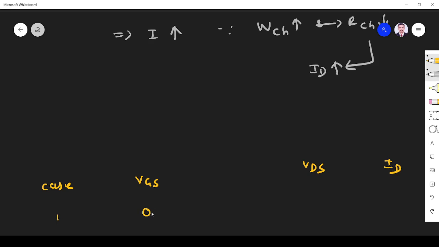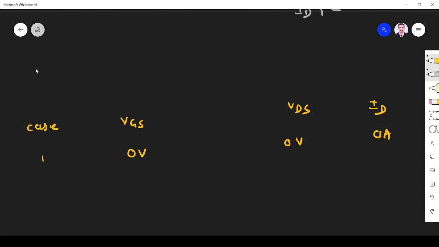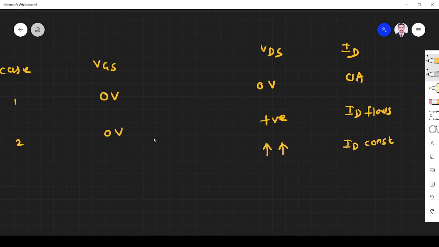Case 1: VGS 0 volt, VDS 0 volt, ID 0 amps. Case 2: VGS 0 volt, VDS positive, ID flows. When VDS increases, at one point ID remains constant. This is what we studied.